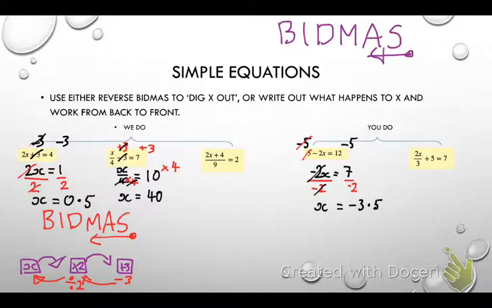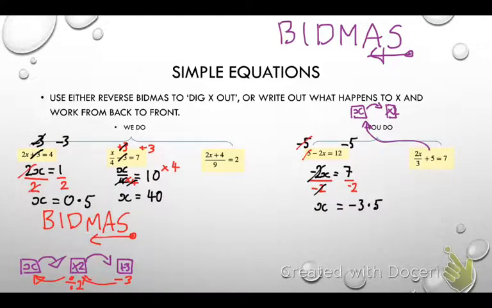Okay, just because there's an extra step in this one, I'm going to pop what's happening to 2x over 3 plus 5 equals 7. I'm going to write out what's happening in the boxes. So for this one here, first off, x is being times by 2.